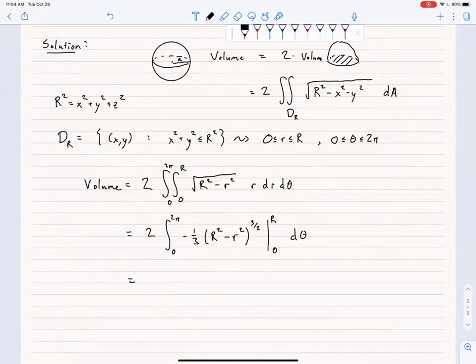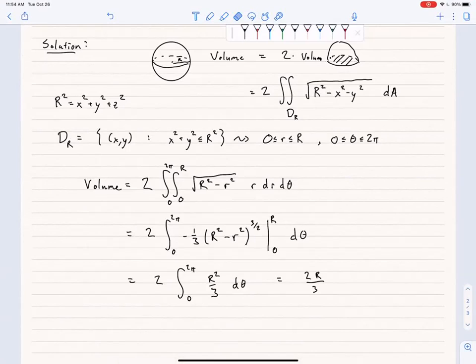So since we're subtracting that, we'll just get 2 times the integral from 0 to 2 pi of R squared over 3. But of course, capital R is a constant, it's the radius of our ball, so we can pull that out. We get 2/3 R squared. I'm sorry, I think I messed up here. R cubed.